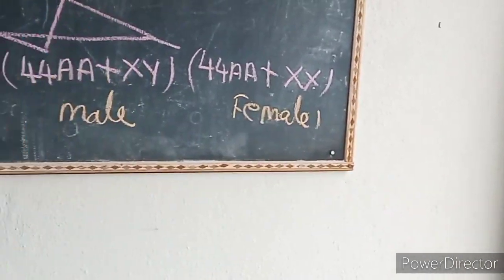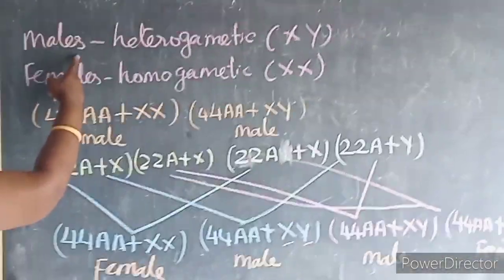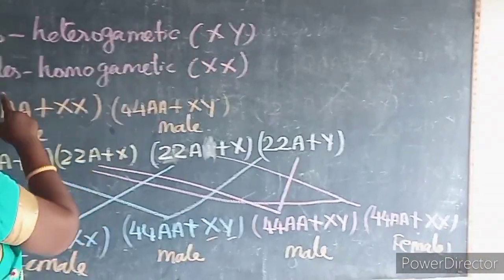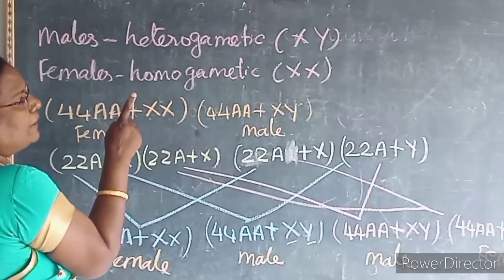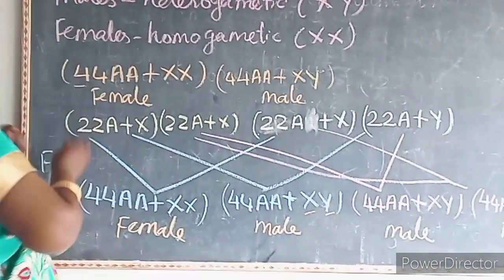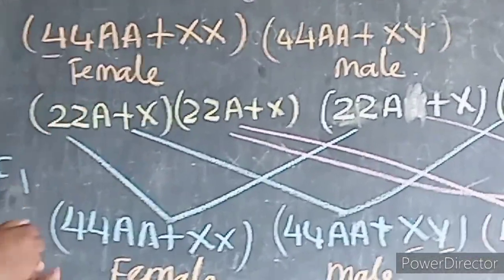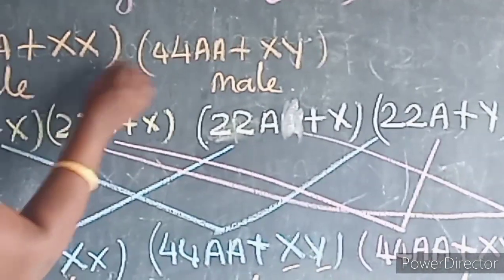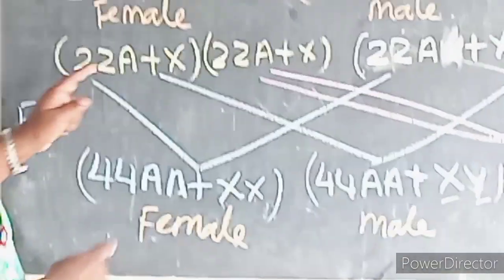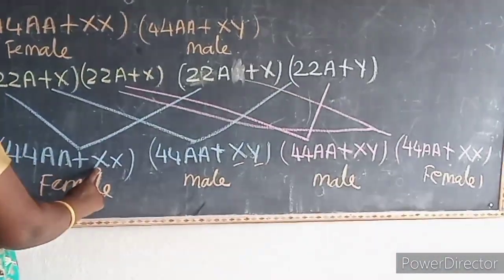It's very easy. The sex determination in the human beings. Males-ல எத்தனை chromosomes இருக்கும்? Two dissimilar chromosomes, that is X and Y. Females-ல two similar chromosomes, X and X. So the 44 represents the body chromosome, the A represents the autosome, and the XX represents the female, and the XY represents the male. அப்போ checkerboard-ல போடும்போது, X crosses with the X, so it represents the female.